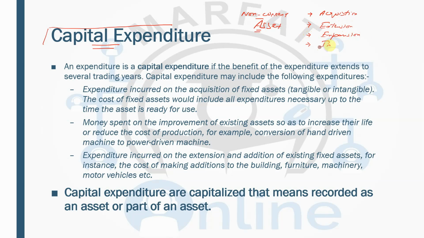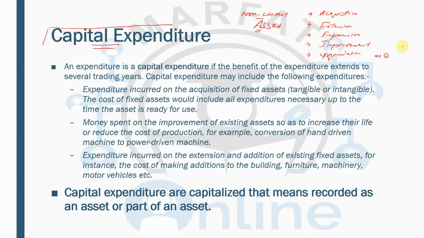Or improvement, for example, you have a machinery which is currently producing 1000 units in a day, and you are doing expenditure on it which will improve its efficiency and take it to 1500. Or upgradation, for example, you have machinery which is currently 1000 cc and it will become 2000 cc.